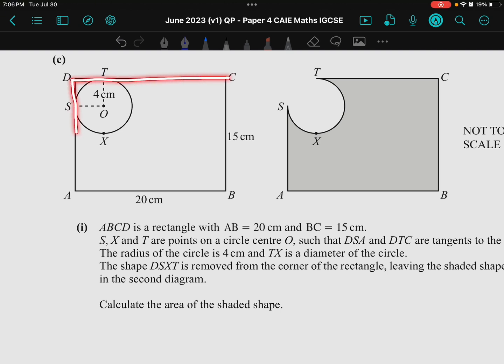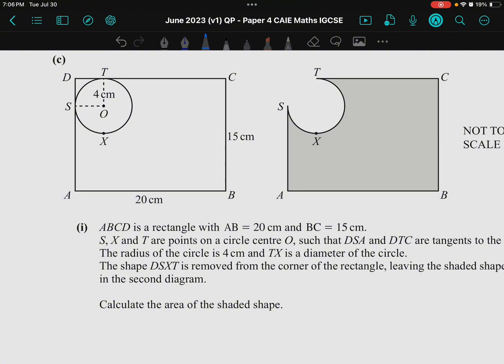That means this and this, they are tangents to the circle. Then the radius of the circle is given as 4. These two, SO and TO, they are the radius of the circle. And DSXT, they have removed this part. So leaving the shaded shape, calculate the area of the shaded region.